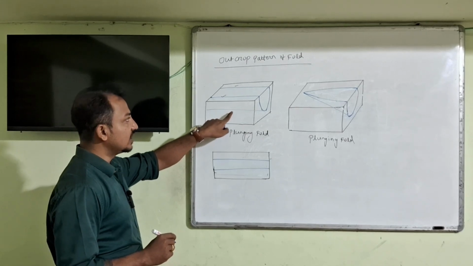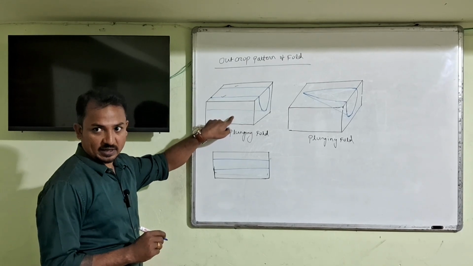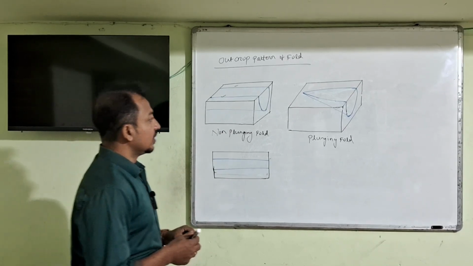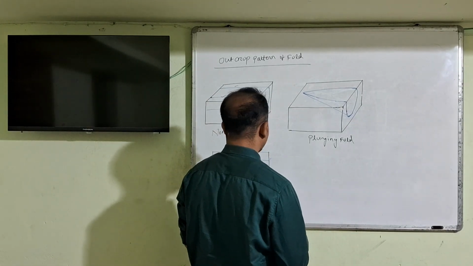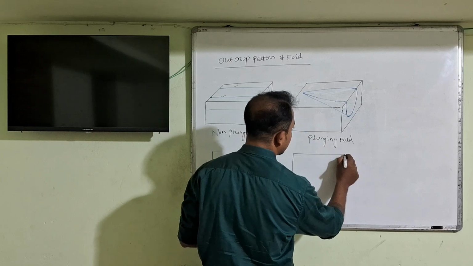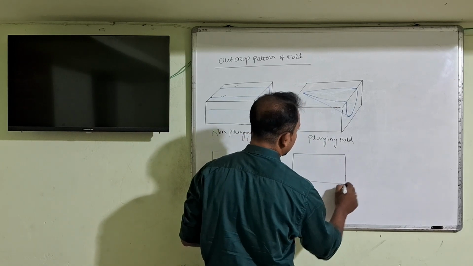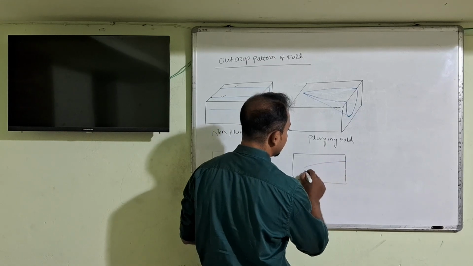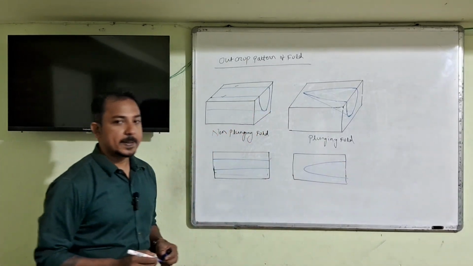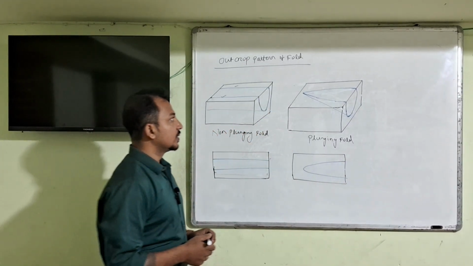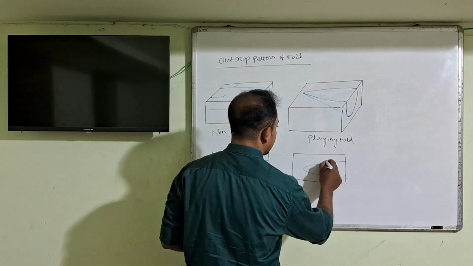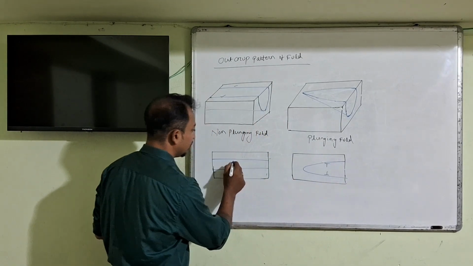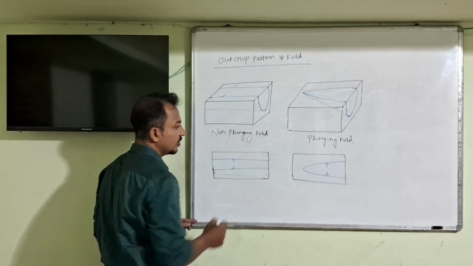This type of diagram we call a block diagram, and this is your outcrop pattern diagram. And if you draw the outcrop pattern of this plunging fold, it will be like this. As it is a syncline, you can mention this also, where the limbs are dipping towards each other.